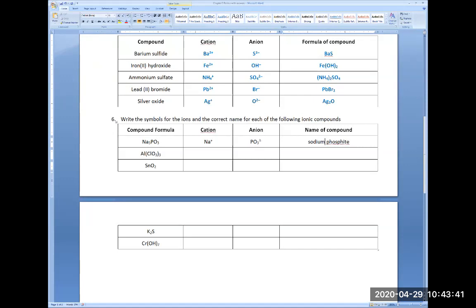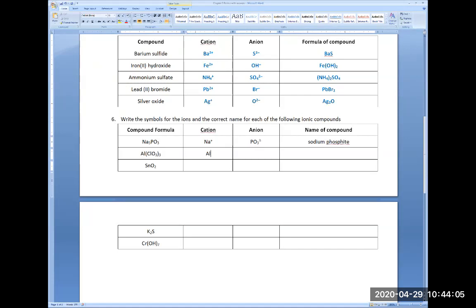So Al(ClO3)3. So tell me the cation. What is the symbol for the cation here? Okay, pay attention to the charge. Yes.